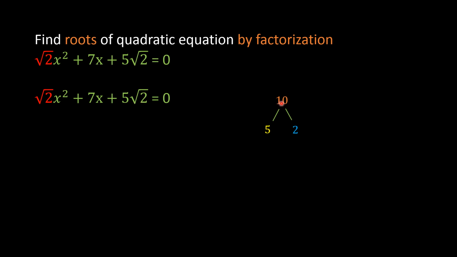Now we will find two factors of 10 such that their sum will be coefficient of the middle term. Here 5 plus 2 is 7, which is the coefficient of the middle term x.